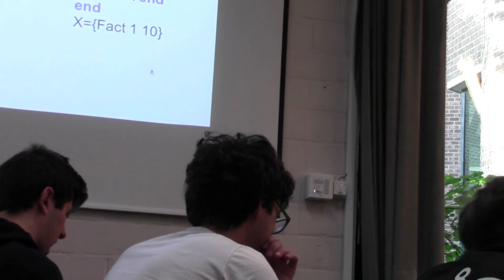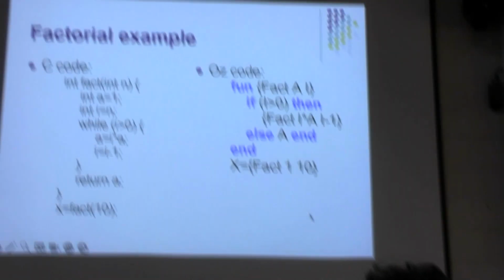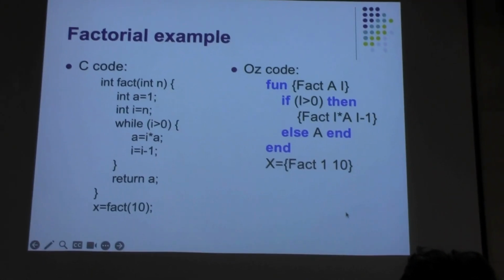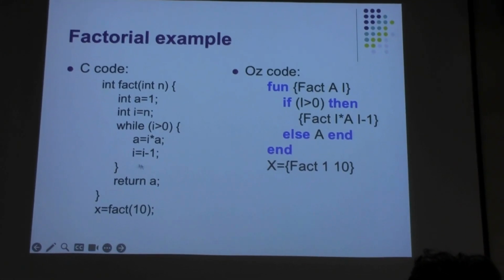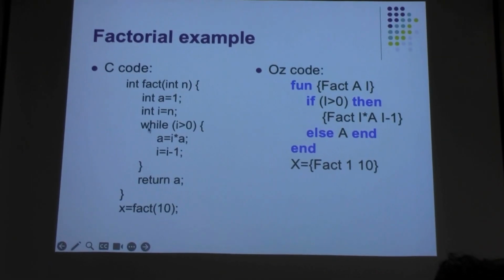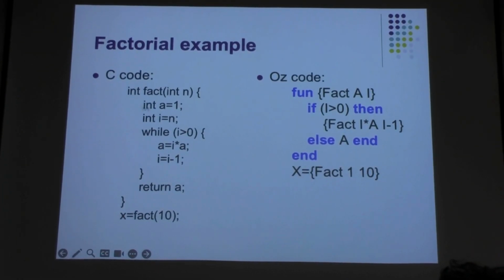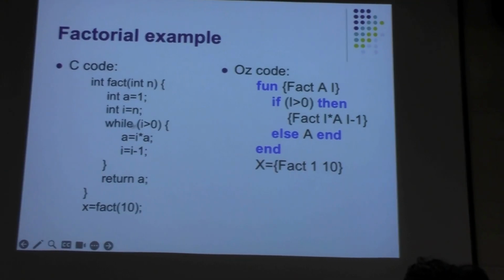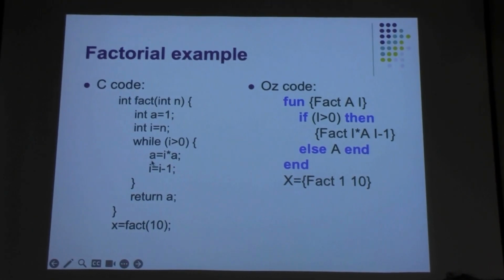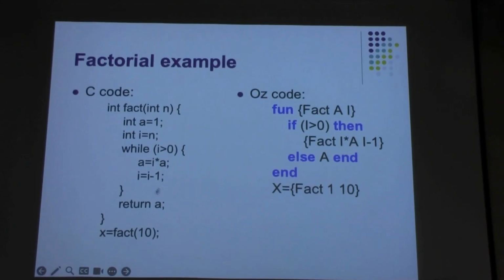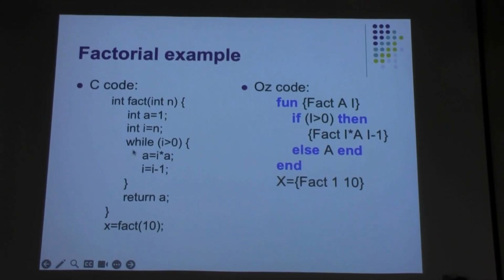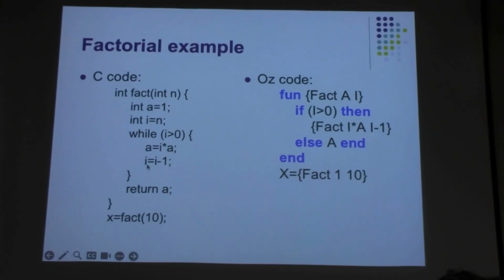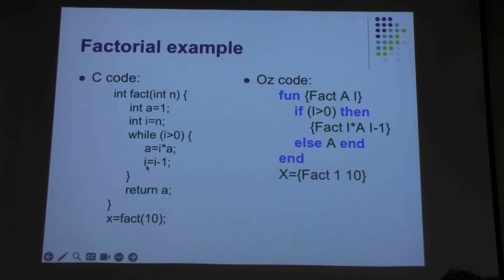So here's then the code. On the left I give code in C or Java. Here you see a while loop, and a and i are the two arguments. While i is bigger than 0, a becomes i times a, and I decrement i. So you see I'm changing both a and i.